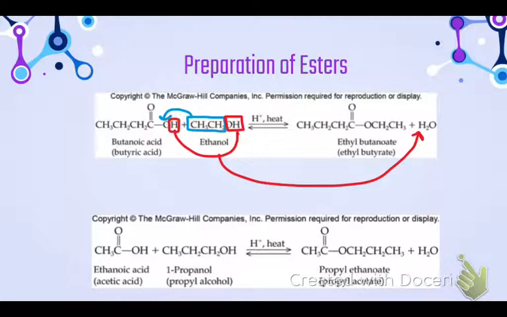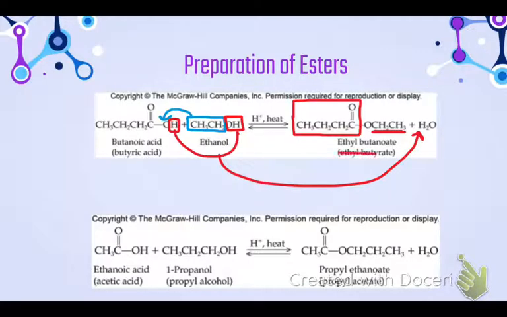So you can see over here this ethyl portion was the original ethanol, the alcohol portion, and you can see that the carboxylic acid here, that portion stayed the same. Nothing changed. The only thing that happened was that ethyl group from the ethanol bonded onto the oxygen to form ethyl butanoate.